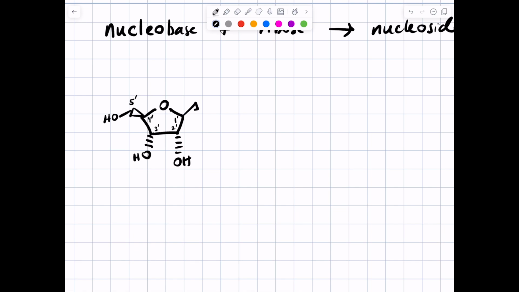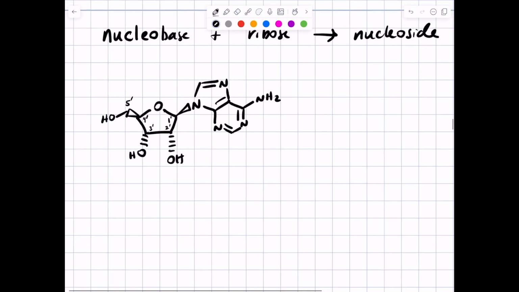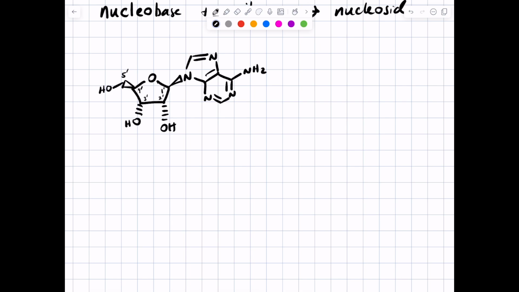And then also a wedge at carbon 1 is the nitrogen of one of these bases. Let's just go ahead and make it the nitrogen of adenine. And remember, adenine's got the exocyclic amino group up here. So you've got the adenine base.